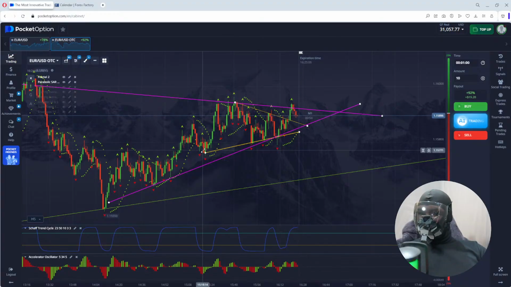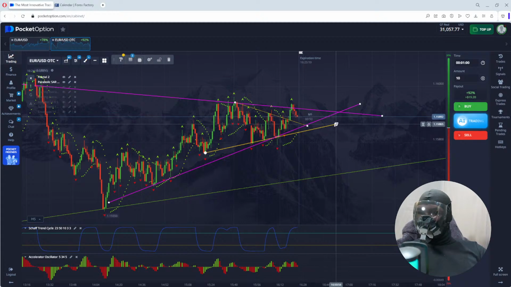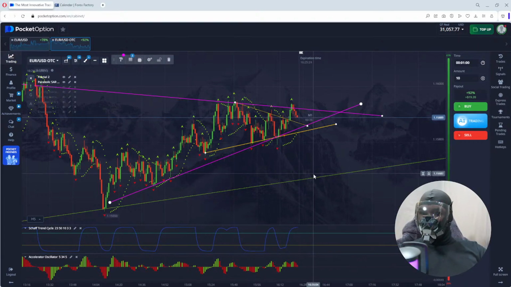Right, so we see that 1, 2, 3, 4, right? So this is still a valid level of support, and that's very important because if it goes down and breaks through this line right here, it could go right away into something big and long and aggressive.